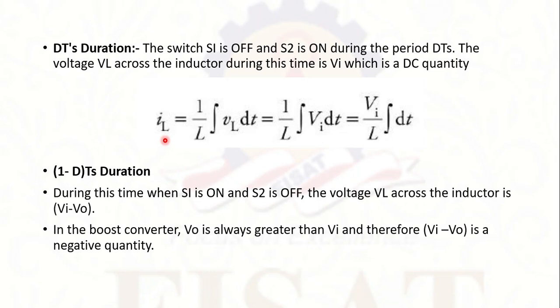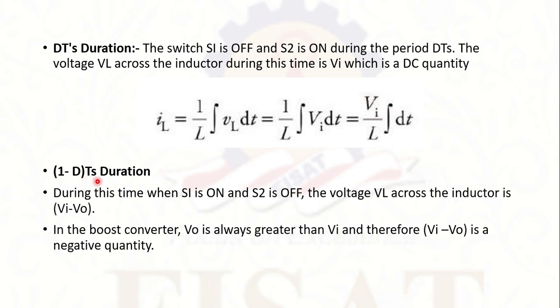So the current through the inductor IL is equal to 1 by L integral of the voltage across the inductor into dt. The voltage across the inductor during dTs is Vi. So IL is equal to 1 by L integral Vi dt, that is equal to Vi by L integral dt, because Vi is taken outside as it is a DC quantity.